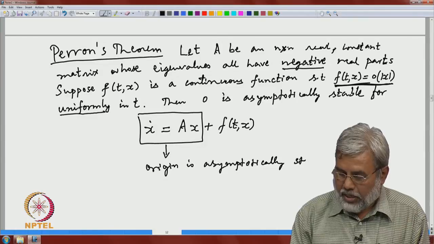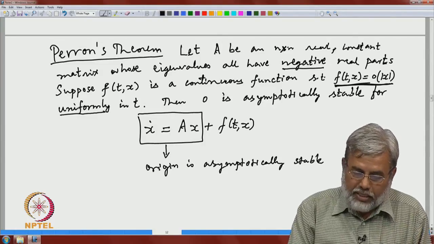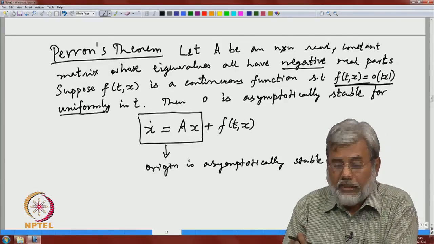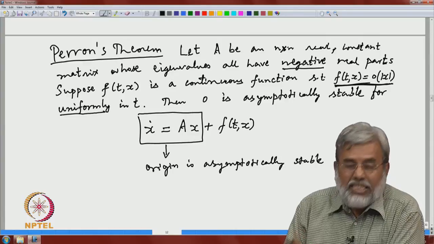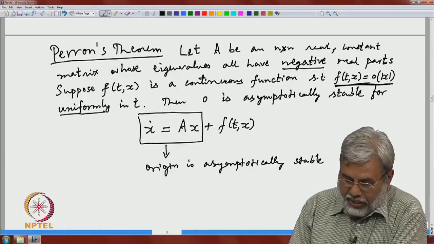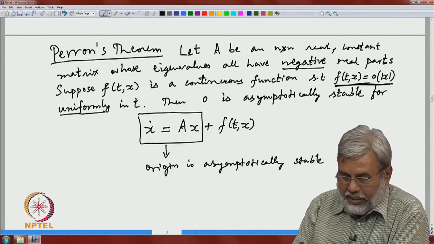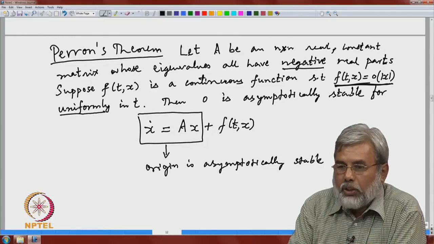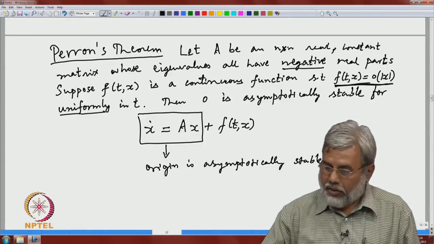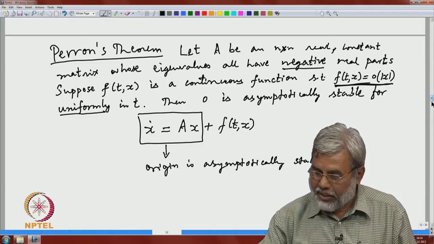And Perron's theorem tells that a small perturbation will not alter the nature of that asymptotic stability. So, even for the nonlinear system it will be asymptotically stable, and this is one positive result. Okay. So, maybe next time I will give a proof of that.